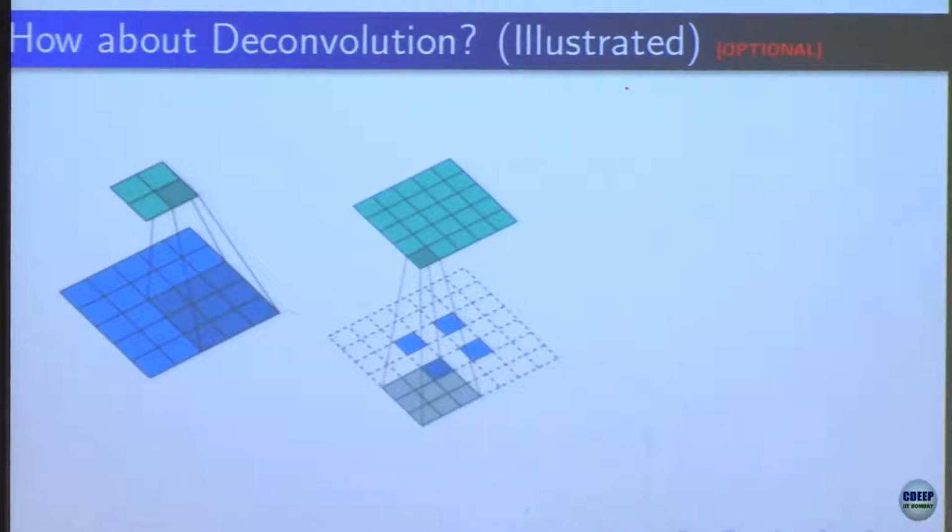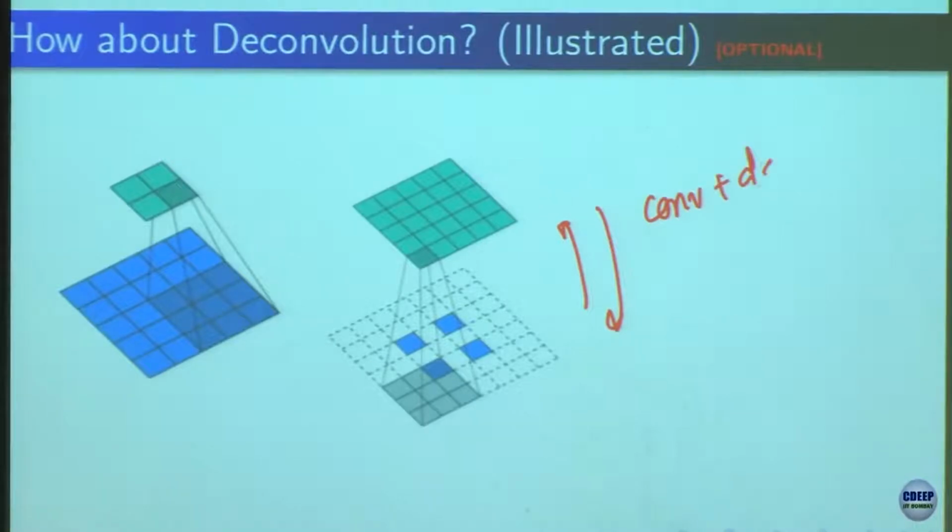Remember PCA? What did PCA do? I tried to find principal components so that it explains the data. So deconvolution is often used in conjunction with convolution to get a PCA like effect. So from here, let's say you go here, basically do this and come back.